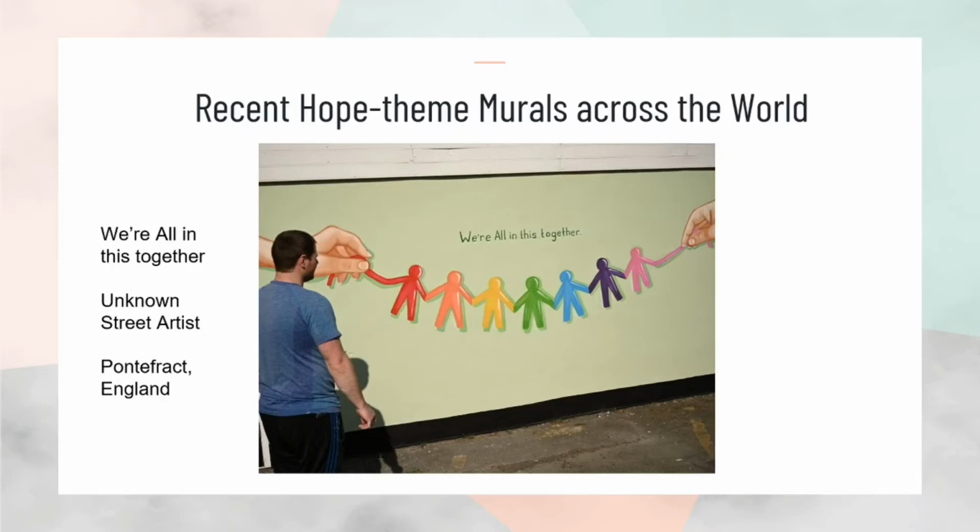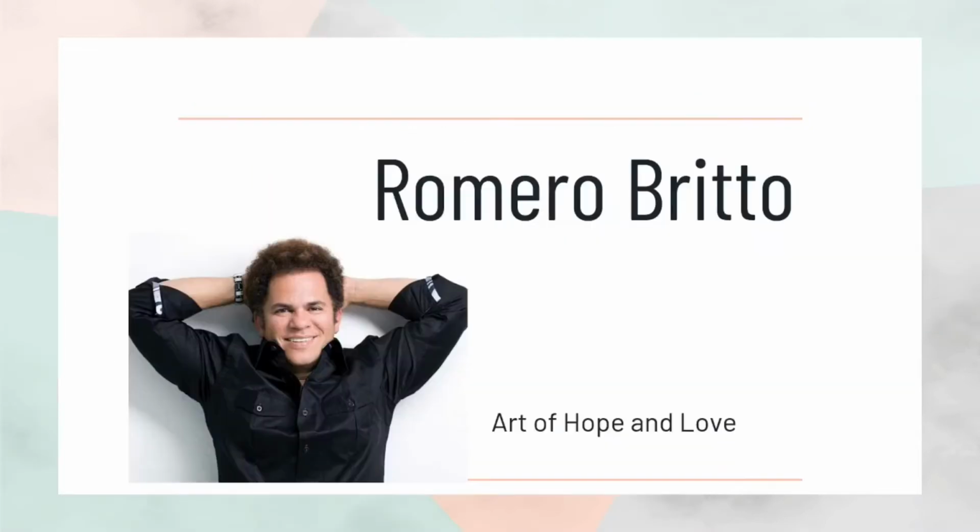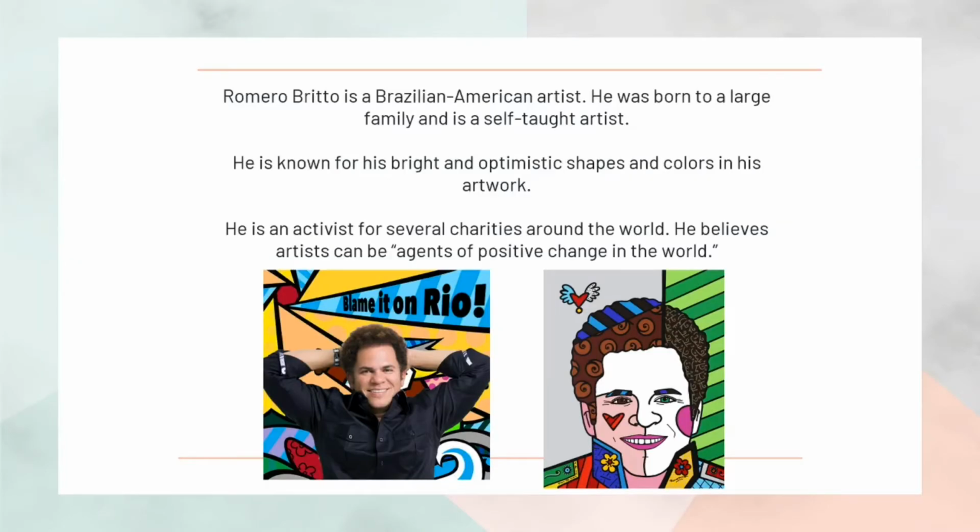These are some of the more recent and just uplifting kind of artworks that I wanted to show you guys. And we are going to focus on a particular artist for this project. We're going to be looking at someone called Romero Brito. Romero Brito was born in Brazil, although he now lives in Miami. He was born to a very large family and is a self-taught artist, which means he didn't immediately go to school for it.